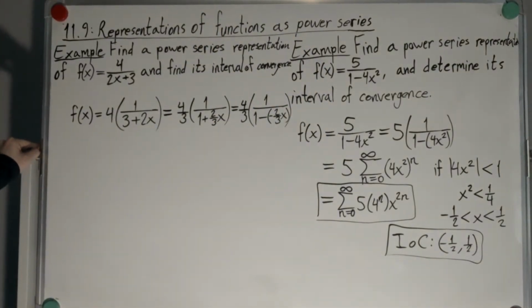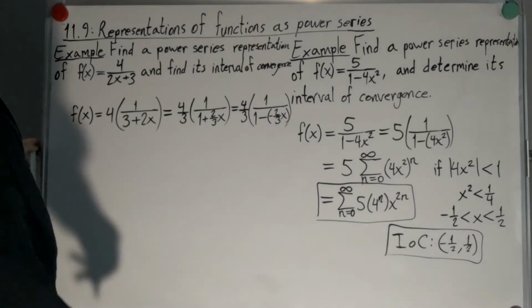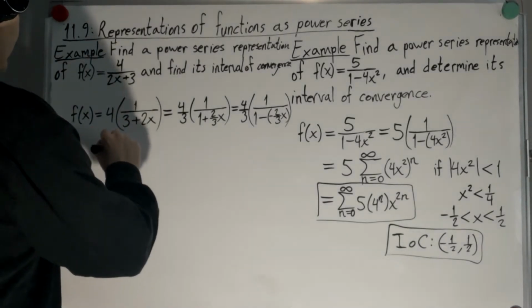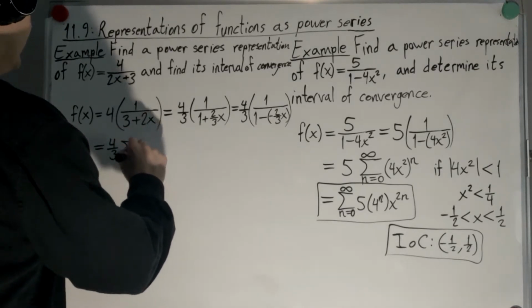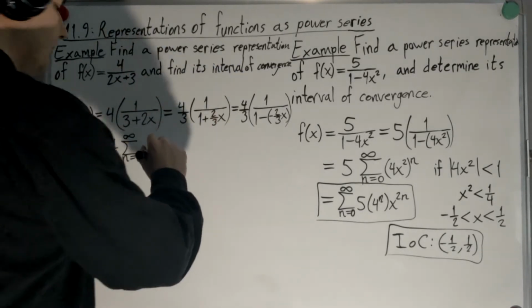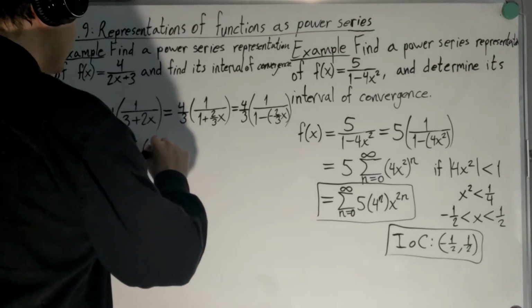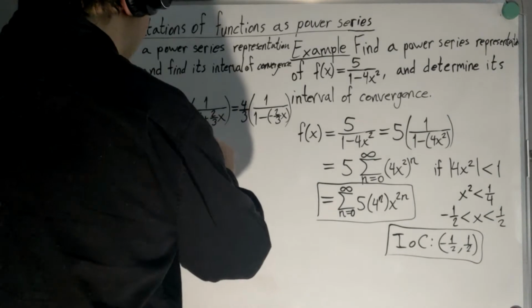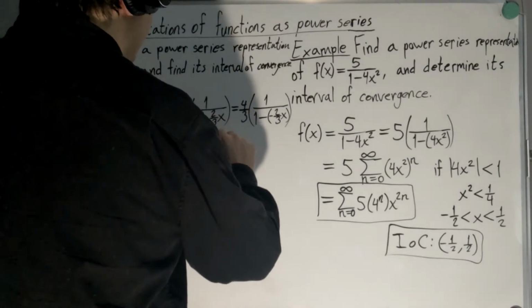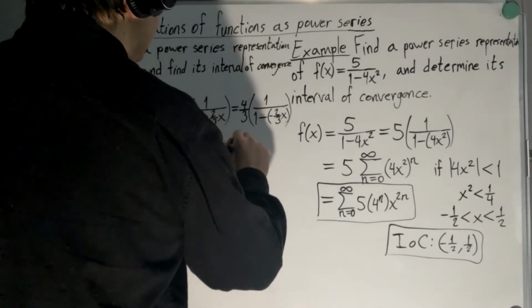And so according to our theorem on geometric series, this is exactly equal to 4/3 times the sum from n equals 0 to infinity of negative 2/3 x raised to the n, again, provided that the absolute value of 2/3 x is less than 1.